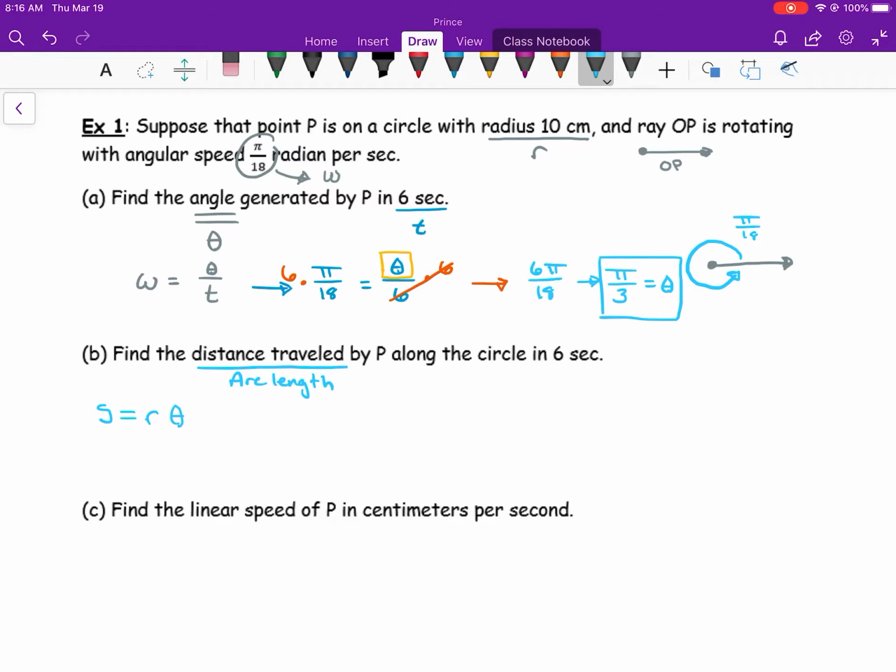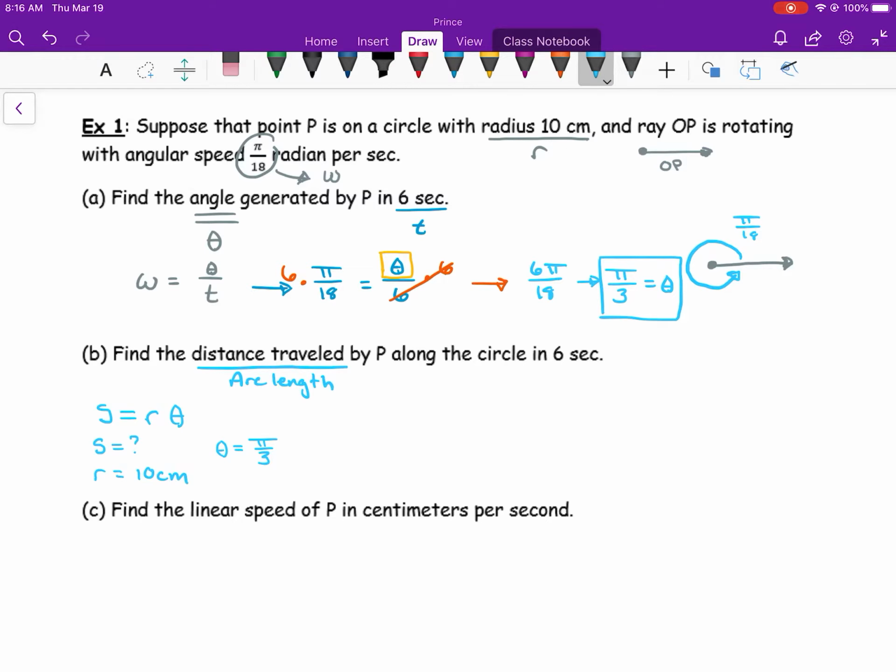Looking at all of our givens, S is unknown because we want to find the arc length. R is the radius, which we saw in the very beginning, 10 centimeters. And our theta we just found to be pi over 3.